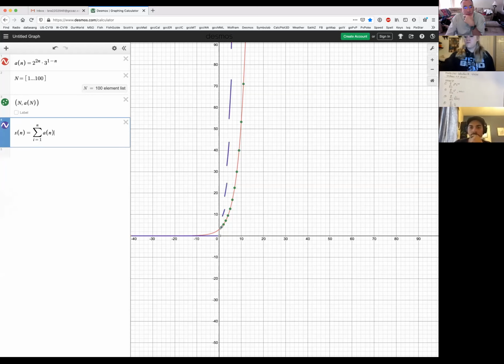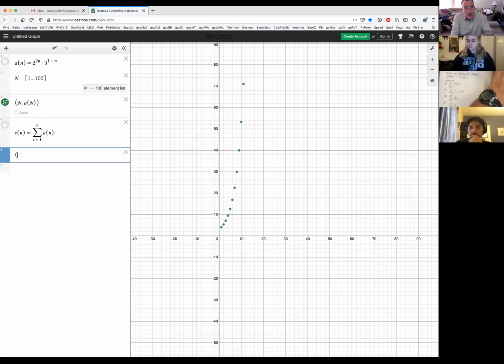In other words, we're going to add up the first n terms of our sequence to get the nth partial sum. And again, look at these purple lines. It's saying, I think you're putting in real numbers, right? We don't want to put in all the real numbers. So what we really want to see is just the dots. So we'll put in just the first 100 integers.